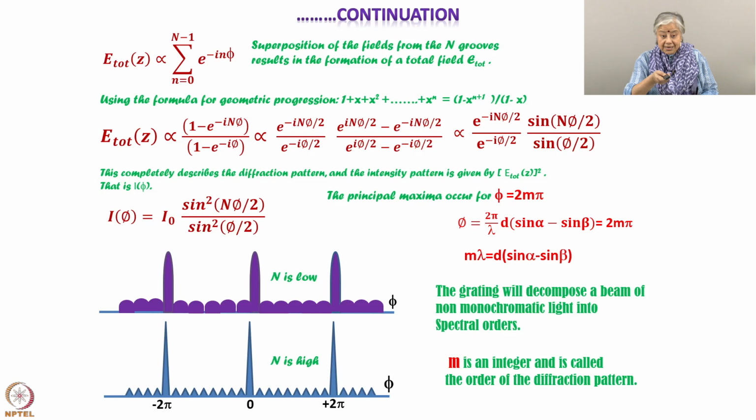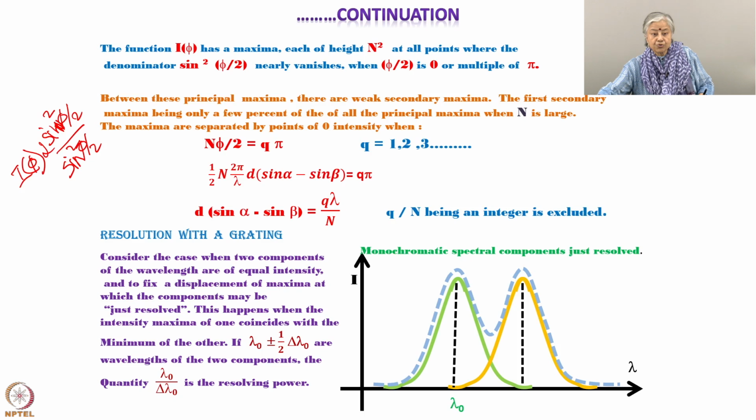When the denominator, that means sin squared (phi by 2), becomes 0, you cannot have I going to infinity. So, in that case you have to use the limit, as you have seen before.